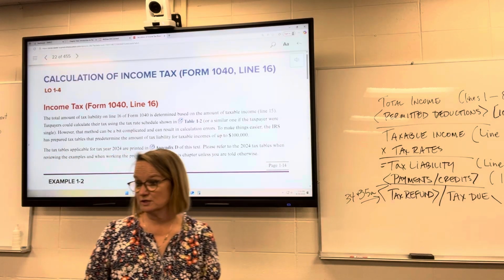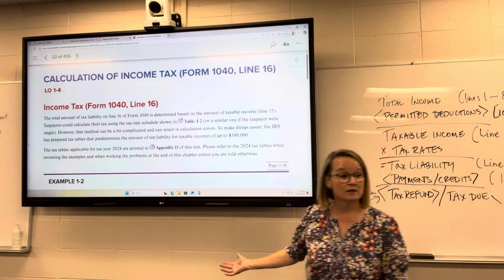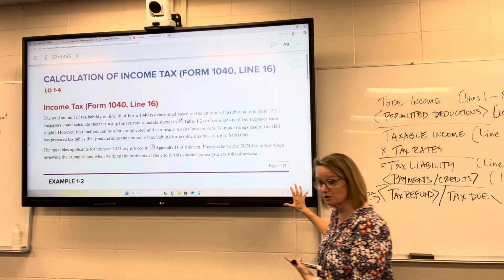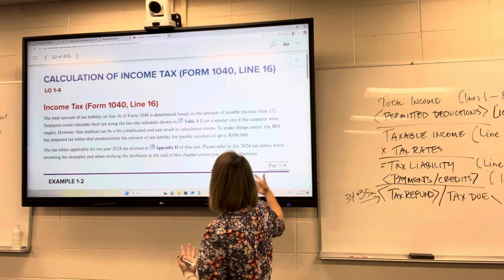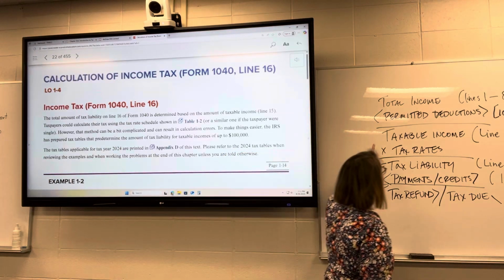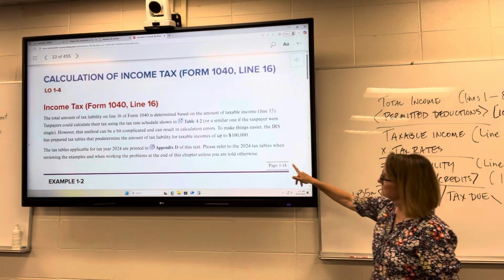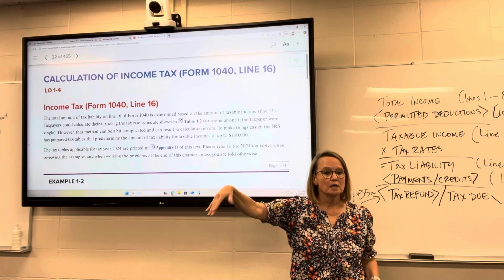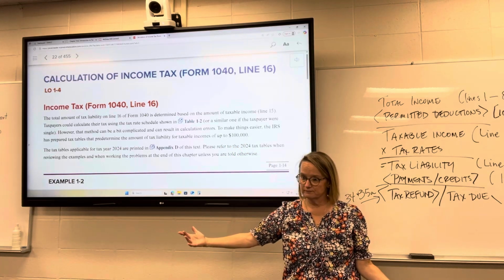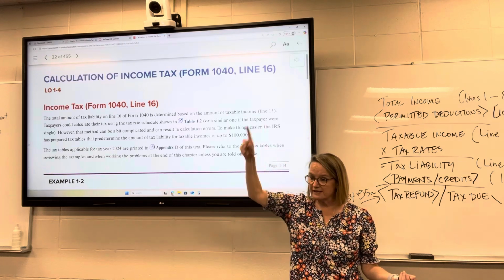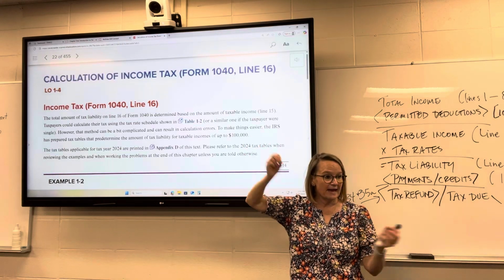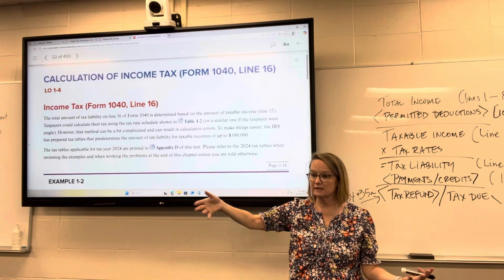We have a similar method here with income tax. So if your taxable income is $100,000 or below, you can just use a table. Okay, easy peasy. Just use the table, choose the filing status, and bang, you can figure out the tax liability.